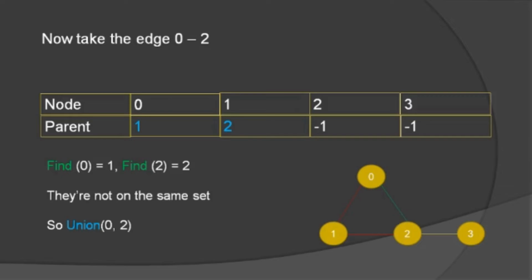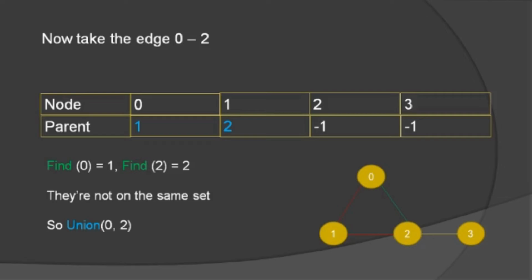So now let's proceed to the next edge pair, 0 and 2. We run the find operation on 0, which is equal to 1, because we did that before and it now has its parent's ID. So this is different, it's not just a -1.